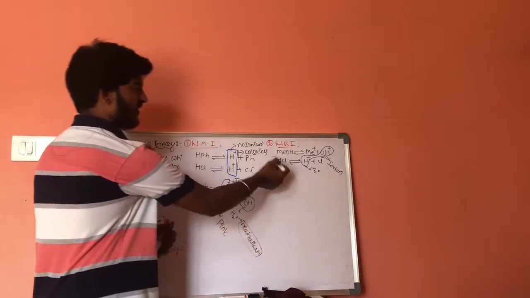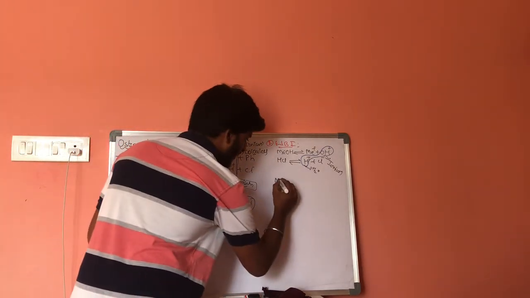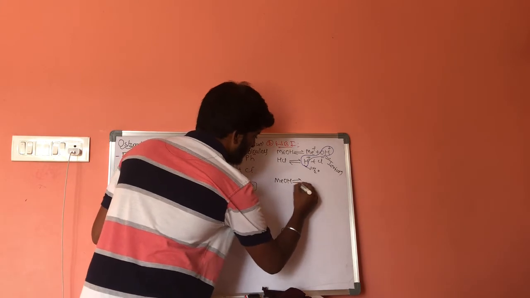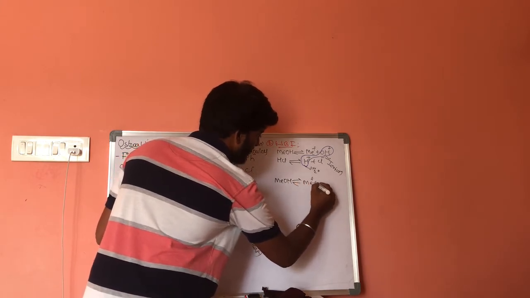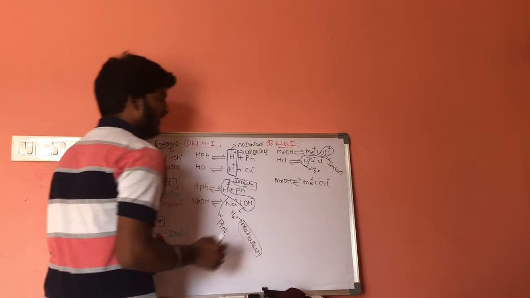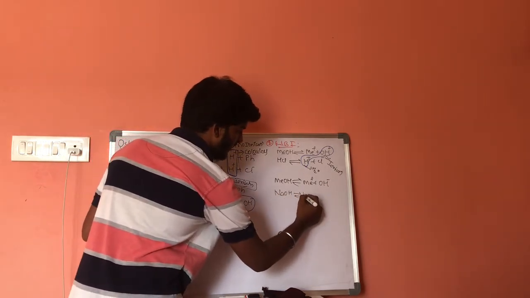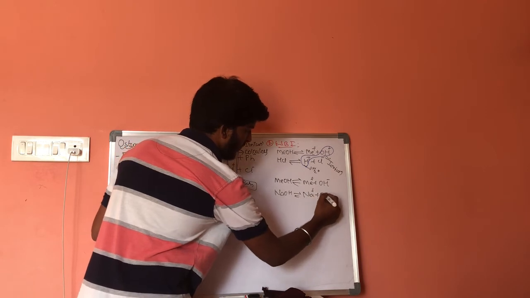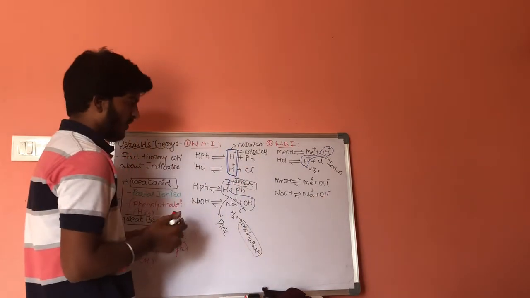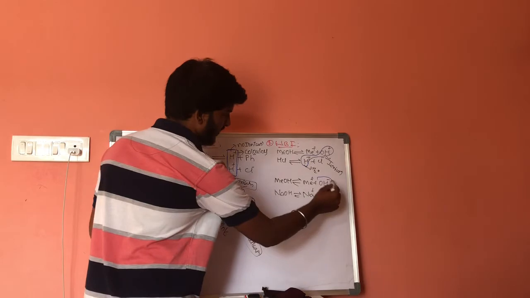That is the first condition. In the second condition, methyl orange undergoes ionization, MeOH to Me plus and OH minus ions. If it reacts with sodium hydroxide solution, it forms Na plus and OH minus. Then there is a common ion effect in this condition.